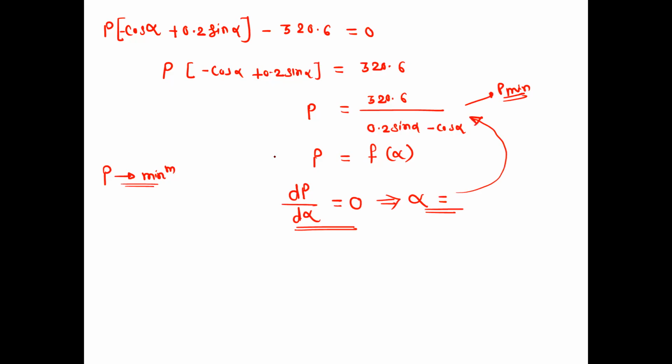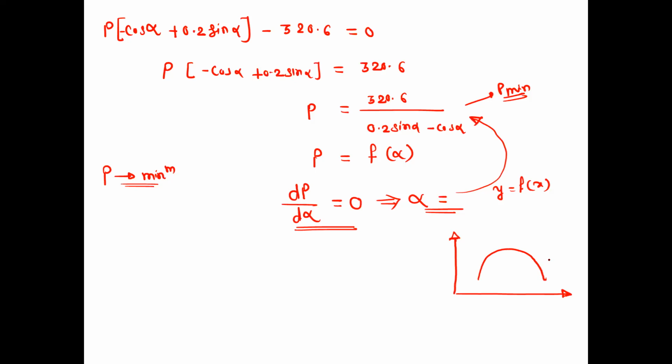So basically this dP by d alpha is nothing but the slope of the line which is tangent to that curve. You must have studied this in the differential equation. So suppose we have the equation y is equal to f of x, and we have some curve like this.